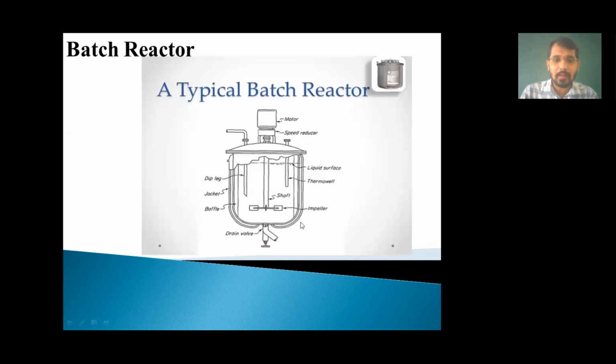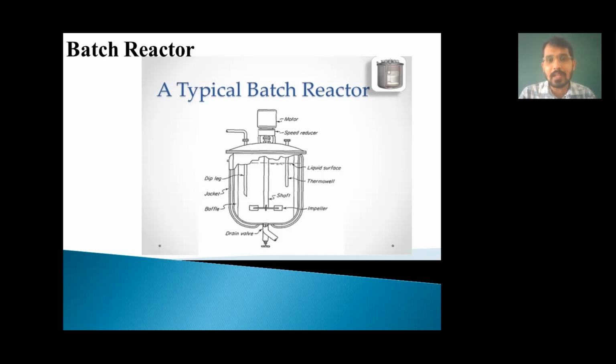Here the impeller is used to increase the pressure and increase the fluid flow. After that, the baffle is used to increase the turbulence, or I can say to increase the heat transfer rate. After that, the motor is used to control the speed of the impeller. Speed reducer means we can reduce the speed of the impeller by using the speed reducer.